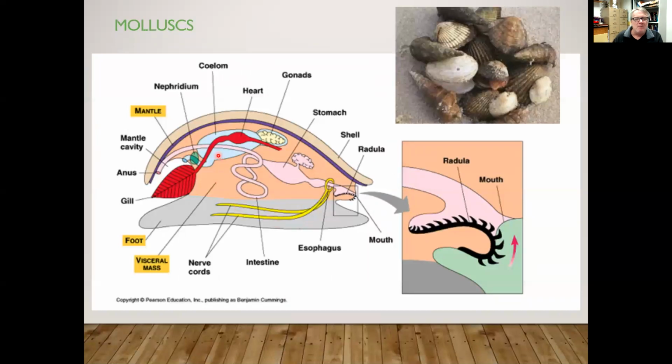Here is a mollusk, which also has a complete digestive tract. So this would be an oyster, clam, all of these types of mollusks.